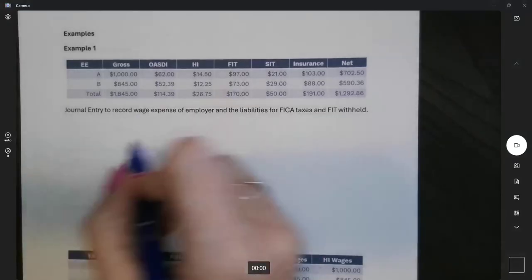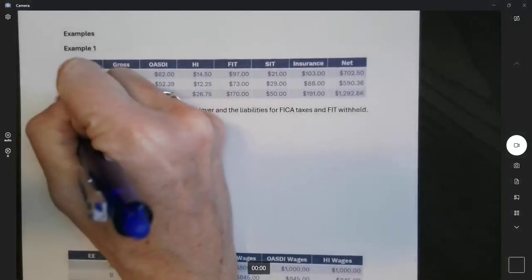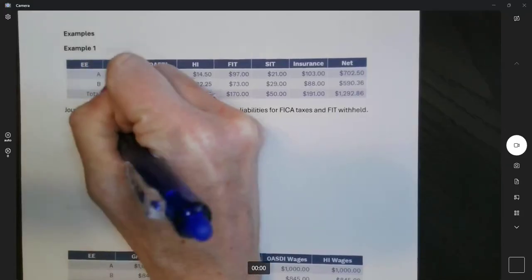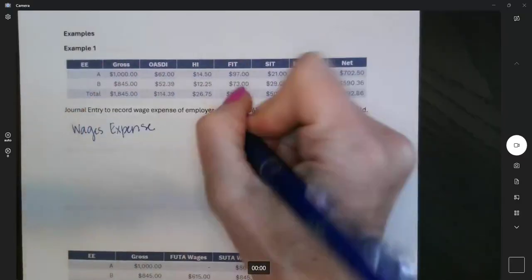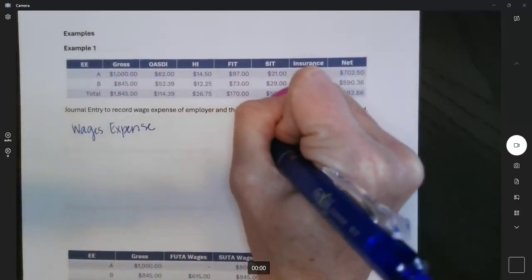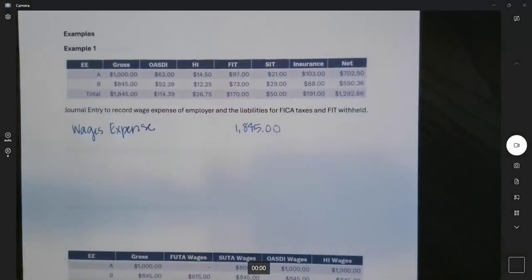The way that this particular one would look is we would be debiting wages expense for the gross amount, $1,845. And then we're going to go across and credit our liabilities.